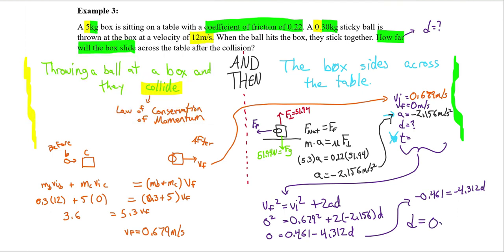The displacement is 0.11 meters, or you can say that it slid 11 centimeters before friction made it come to a stop.